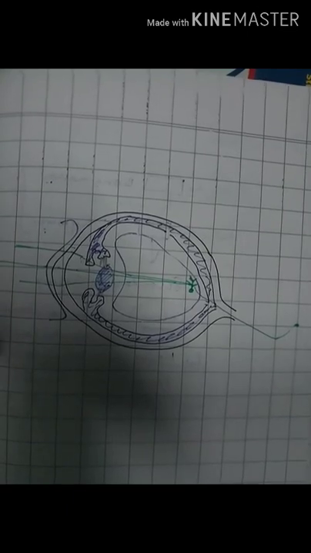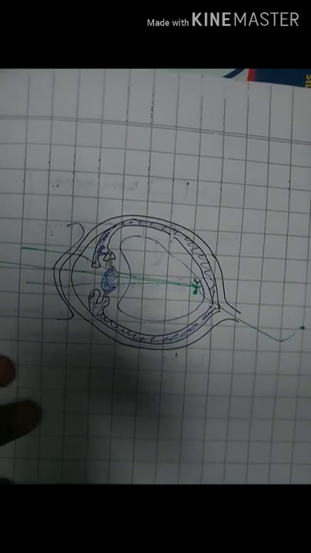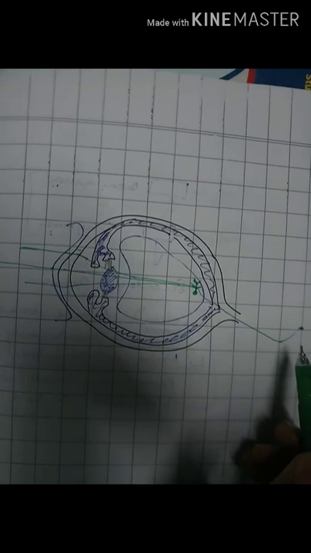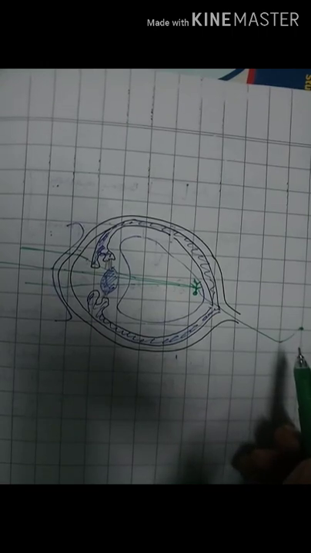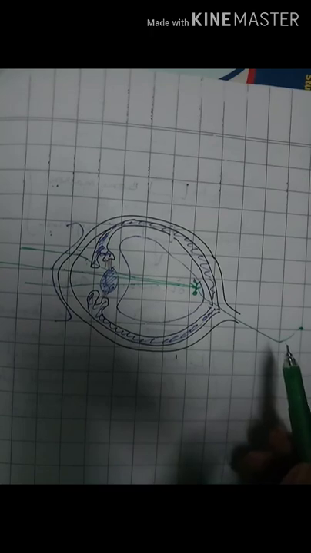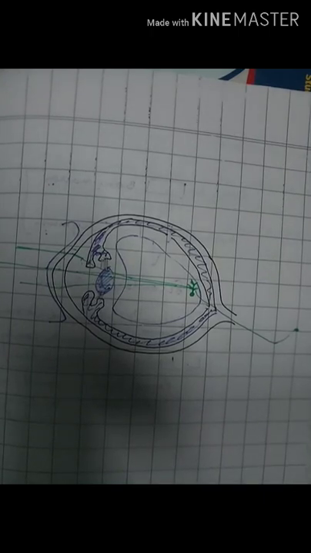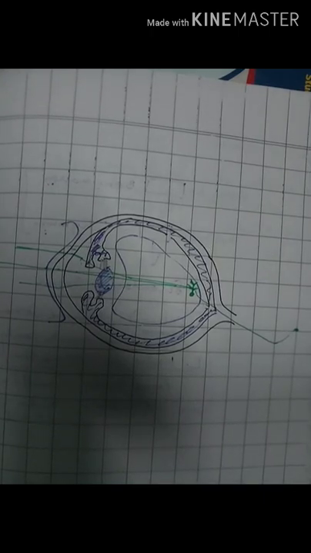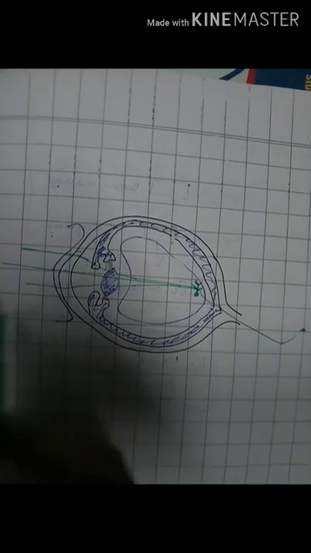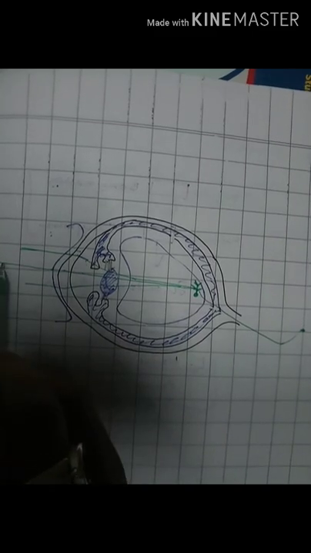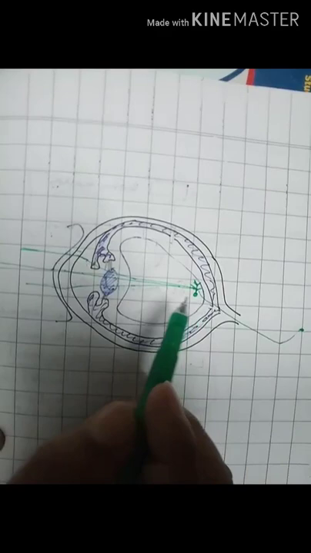Now finally, interpretation by the brain. Our brain interprets the image in many ways, that is, it sees the object upright, even though the image formed in the eyes is inverted. But here the most important part that is asked in the exam is how the light enters into the eyes.